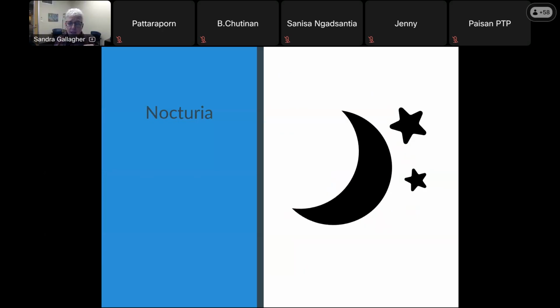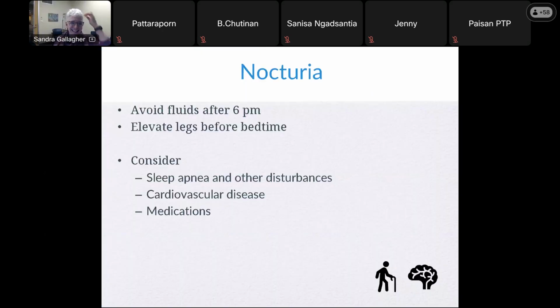So for nocturia, some of the simple things to consider are, we generally say avoid drinking fluids after 6 p.m. And that is also sometimes stated as stop drinking fluid about 3 hours before bedtime. People can lie down and elevate their legs in the air, and we are just using gravity to, what we say, mobilize third space fluid.